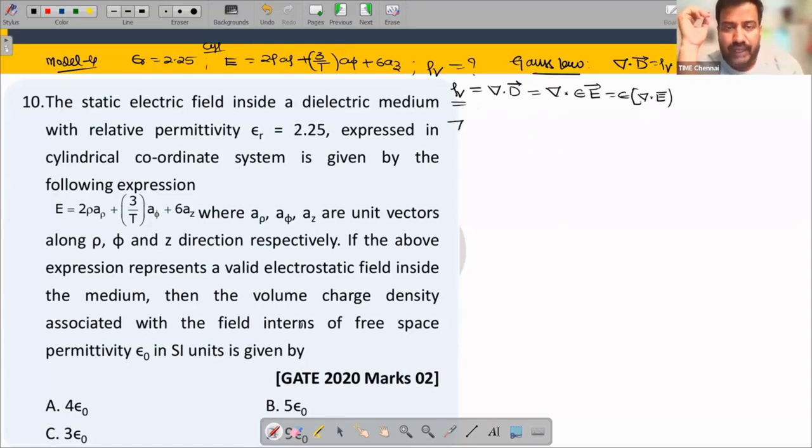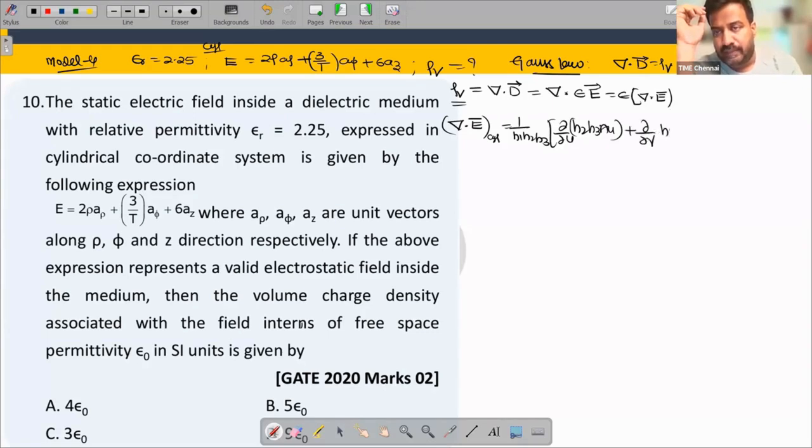So this question boils down to del dot E itself. Del dot E in cylindrical coordinates, general form: 1 by h1 h2 h3 of dou by dou u of h2 h3 Au, plus dou by dou v of h1 h3 Av, plus dou by dou w of h1 h2 Aw.